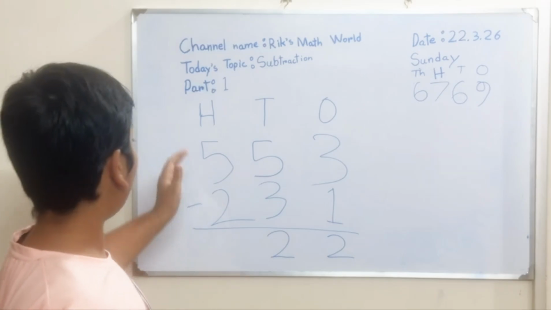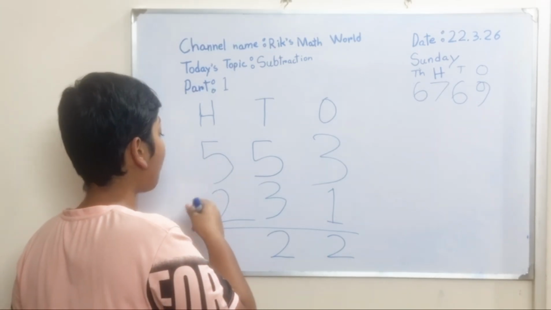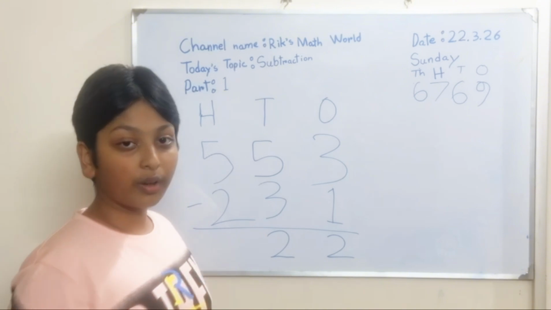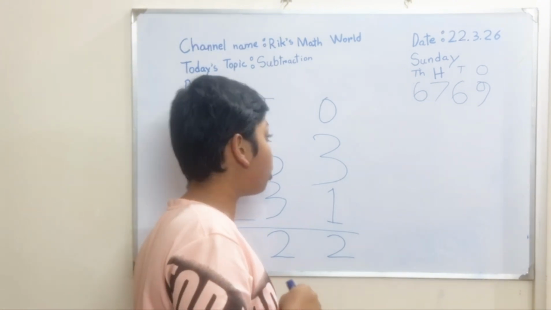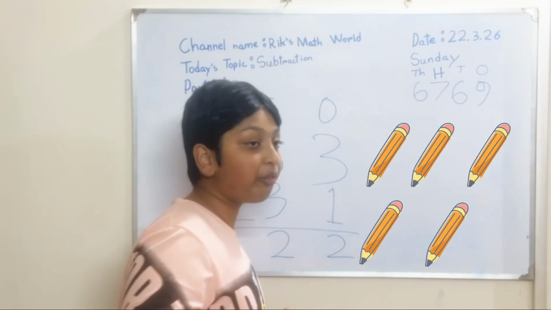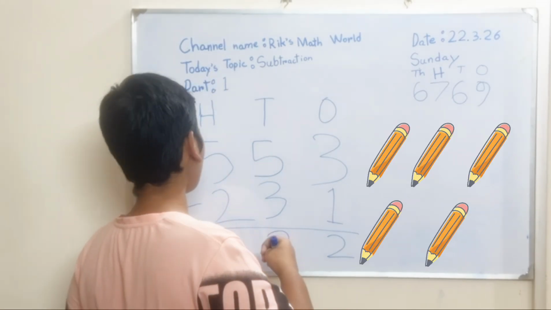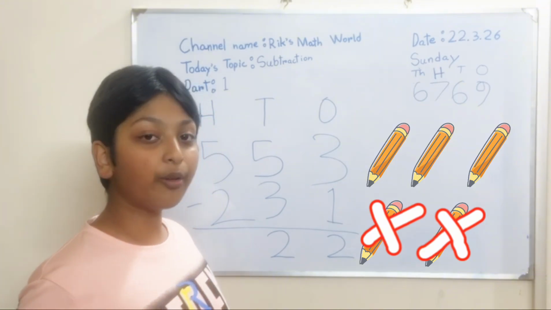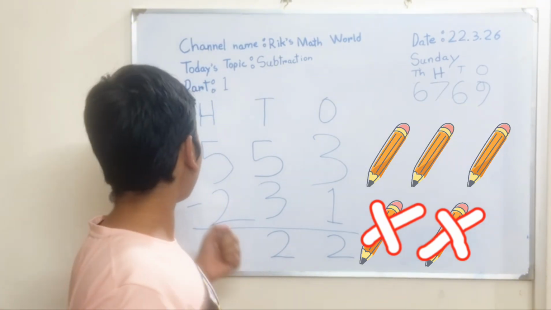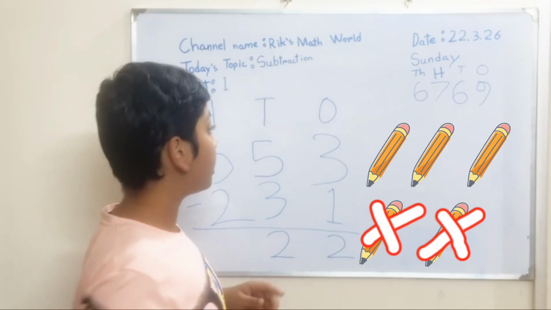Now in the hundreds place, here is written 5 minus 2. Okay, friends, 5 minus 2. So think that you have 5 pencils and you want to give 2 pencils to your friend.